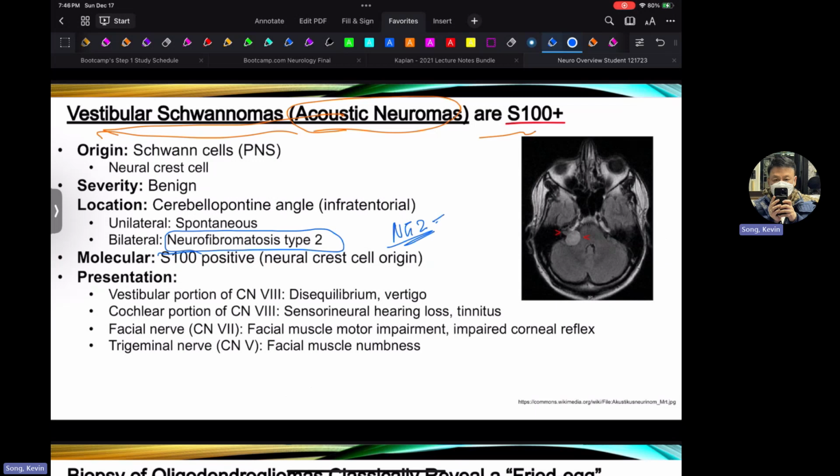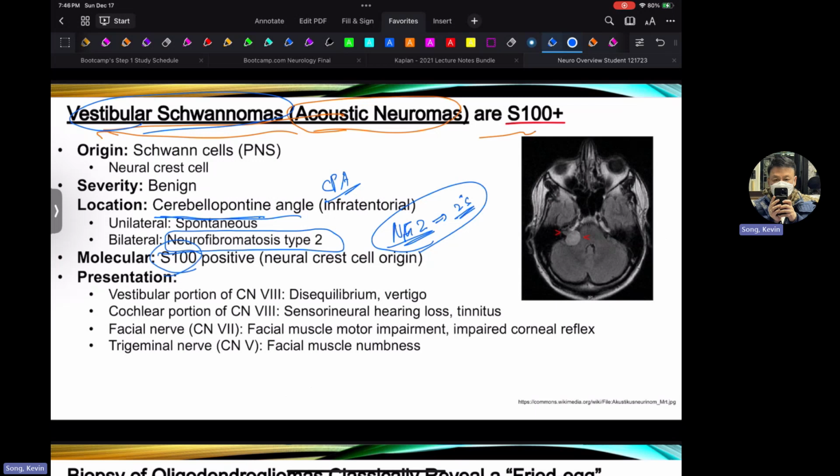Bilateral vestibular schwannomas. NF2 I think doesn't have the café-au-lait spots, and it happens in the cerebellopontine angle, CPA.